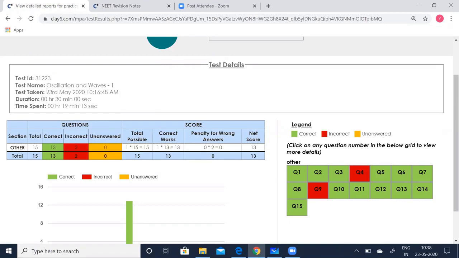Questions might come based on the Doppler effect, so concentrate more on that. Similarly, with respect to oscillations, how we got the velocity, and when the velocity is given, how we calculated the displacement and how we calculate the acceleration. These are the different types of questions you can expect from this chapter.